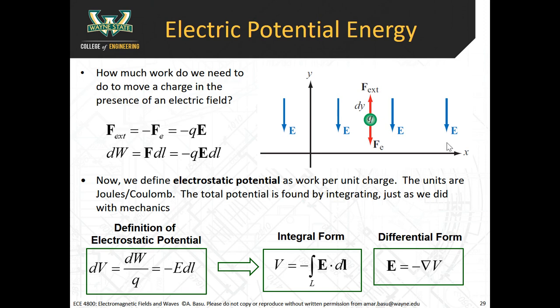The heavier that ball is, the more force you have to exert to move it against the force of gravity. Similarly, if you have a larger charge, it's going to take more force to move that charge against the electric field.